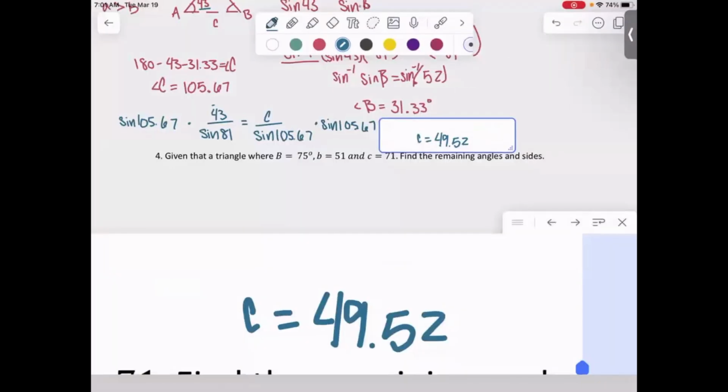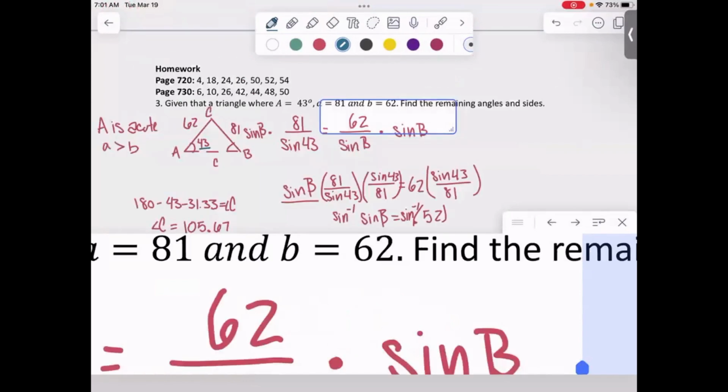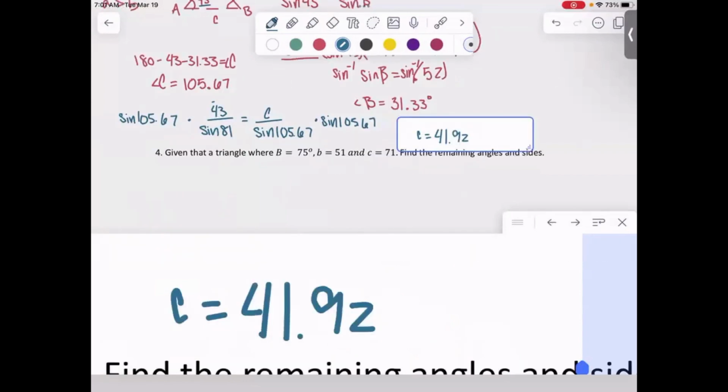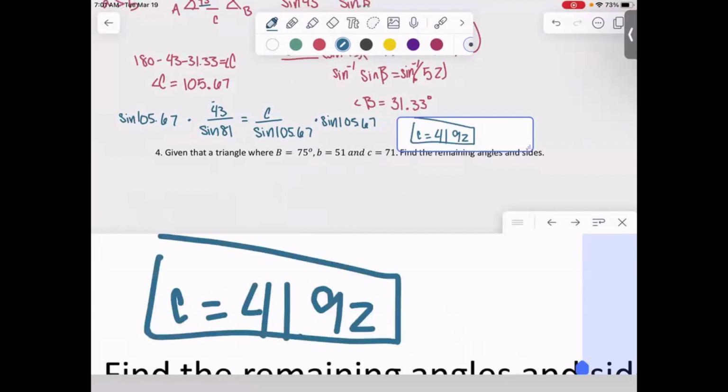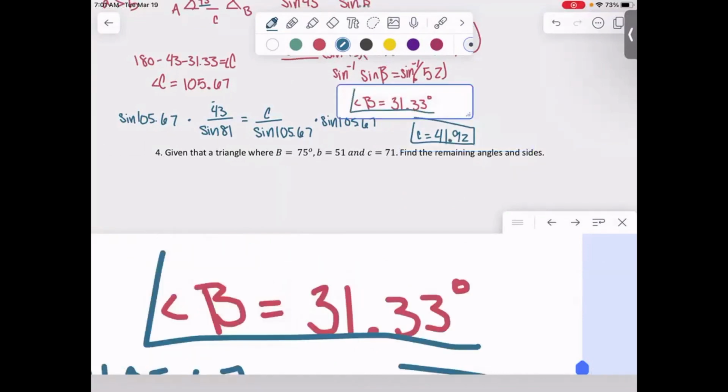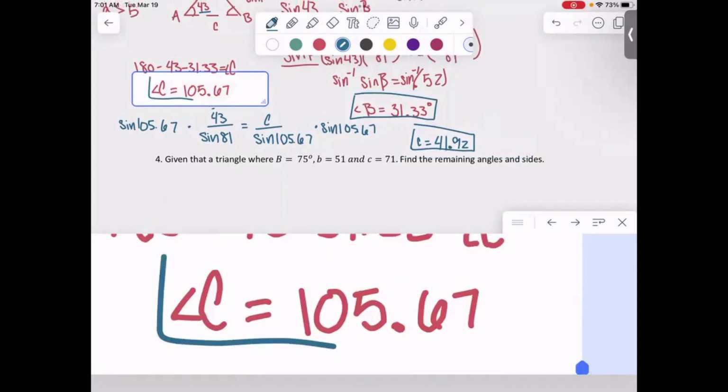Wow, I'm all over the place. It did not give us units here, so it's not in inches. We just don't quite know what it's in. And that's all it's asking me to solve for here. So we have solved for everything.